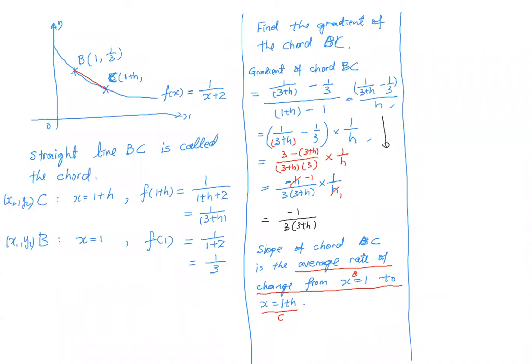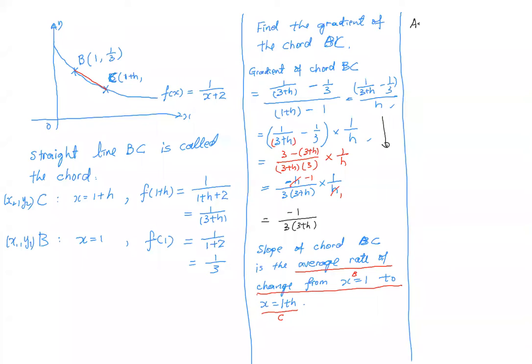Okay? So far, any question? Okay. So why do we need to find the average? Average rate of change is some sort of estimation. So now let's see what happens. That is where limit comes in.